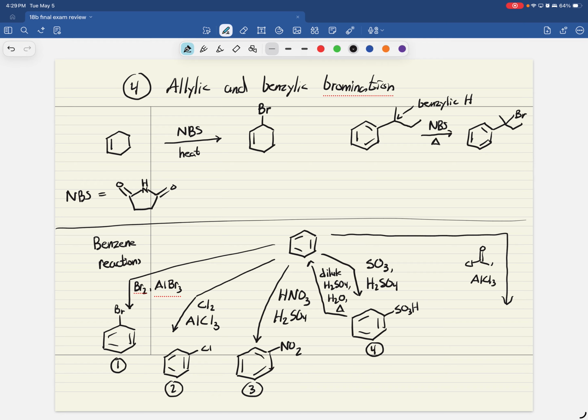I'm going to add what group to my benzene? Yeah, we're going to add the acetyl group, COCH3. The chlorine goes away, so you don't actually add that. So that's the acetyl group. Good.